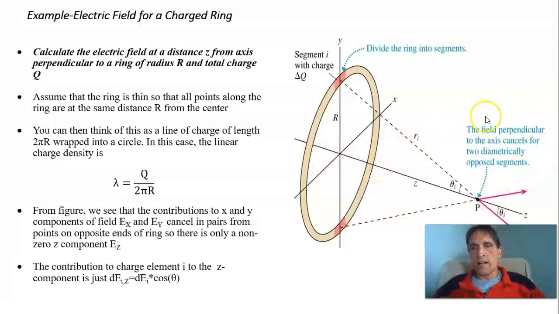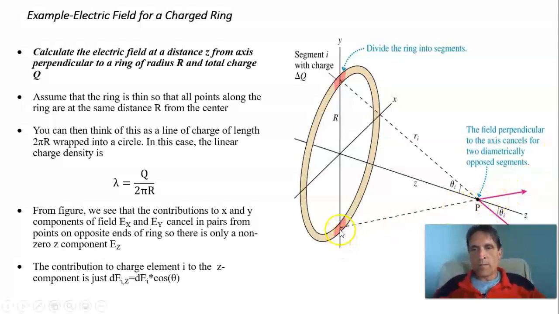Since we're evaluating our electric field at the center here, we see that for any point along the positive y-axis, so at any point at the top of the ring and any point at the bottom of the ring, when you add their contributions to the electric field, the components along the y direction are going to cancel.